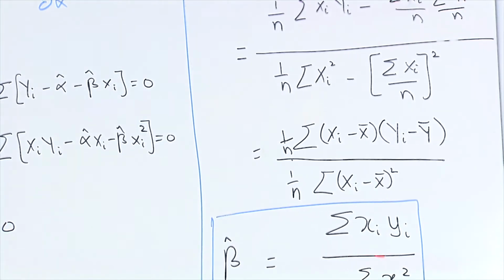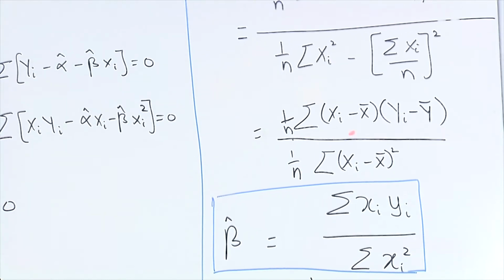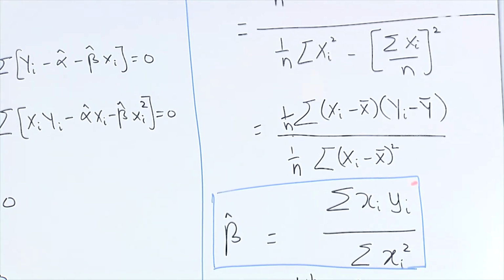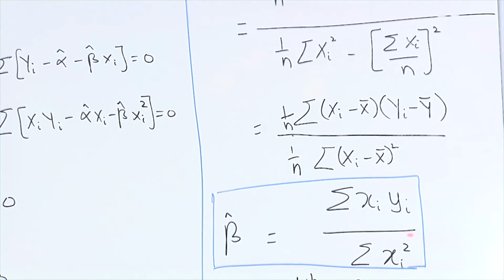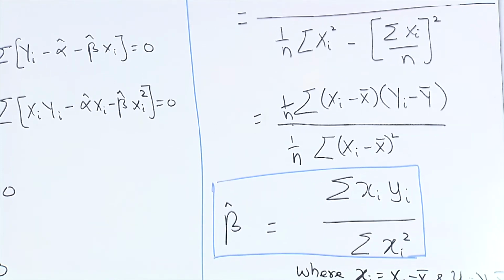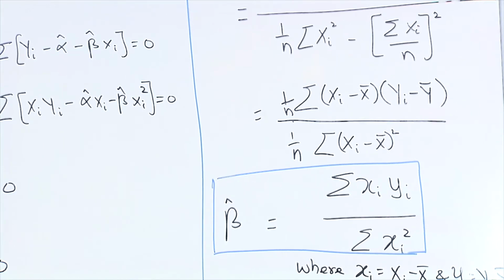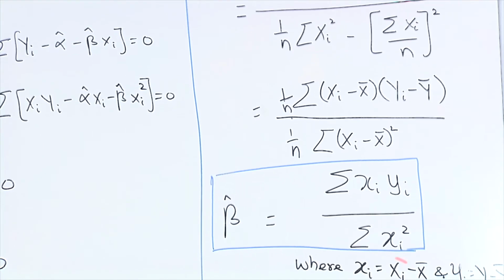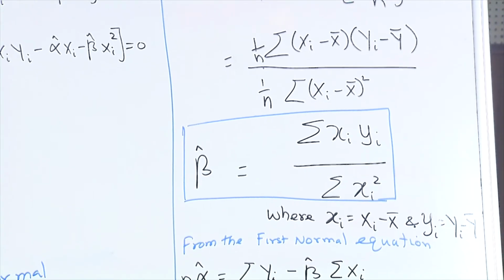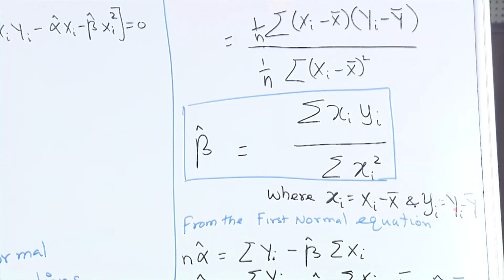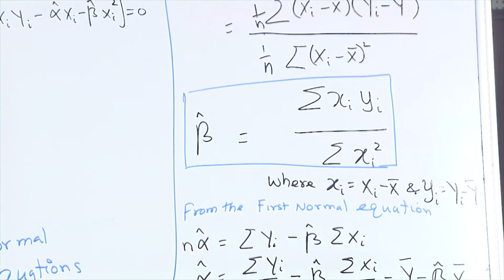Now, this can be further reduced to sigma small xi small yi by sigma small xi square, where small xi is equal to capital Xi minus x bar, and small yi is equal to capital Yi minus y bar.